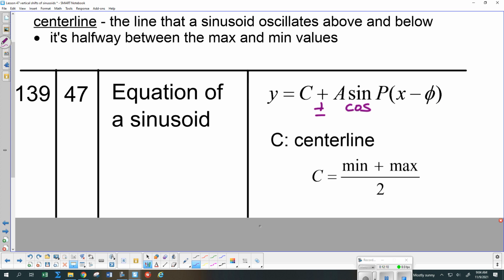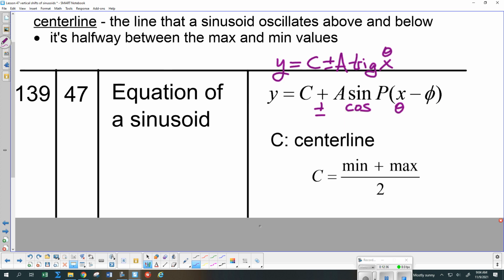For right now, we are only doing y equals c plus or minus a times the sine or cosine, so I'll say trig, of either x or theta. Those other two variables, uppercase P and the Greek letter phi, we will deal with later on.